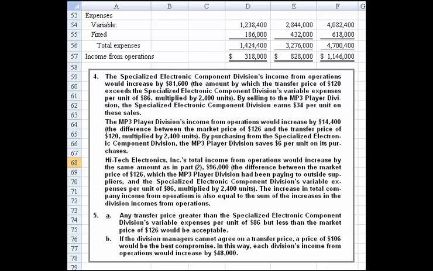Any transfer price greater than the $86 variable expense cost but less than the market price of $126 falls in an acceptable range. And if the division managers can't agree on the transfer price, 106 seems to be the best compromise, somewhere in the middle. That way each division's income from operations would increase by $48,000.